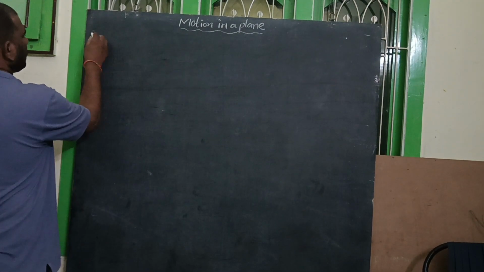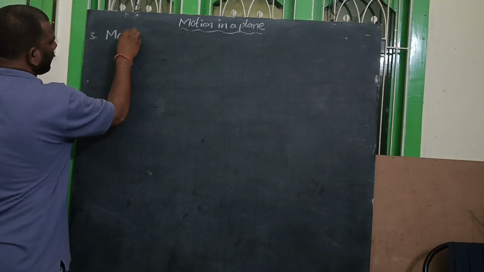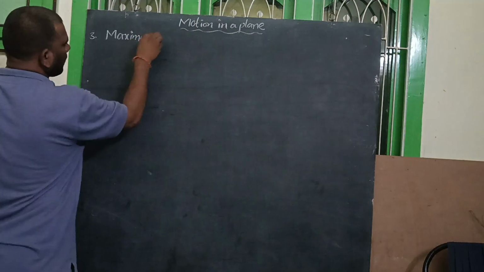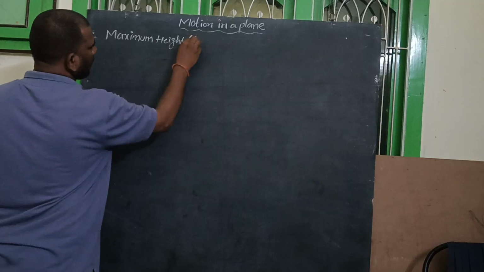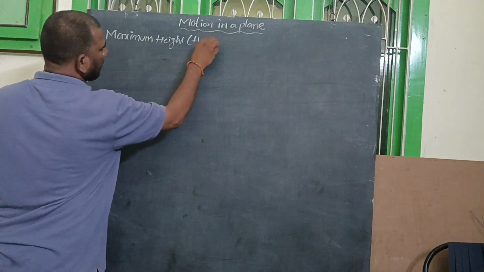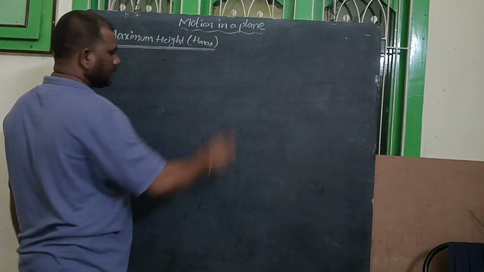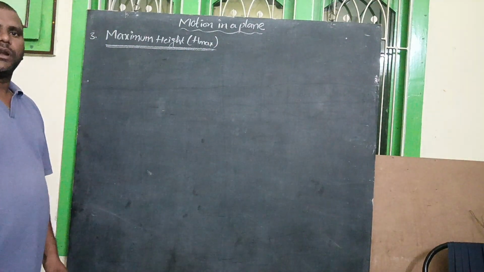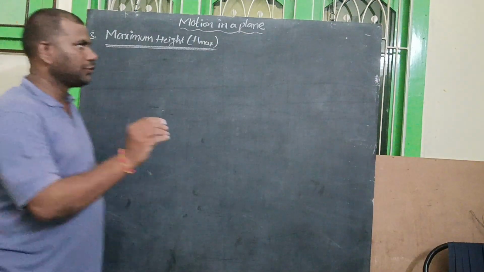Yes, coming to the third one, maximum height. At maximum height, the vertical component of velocity is zero.